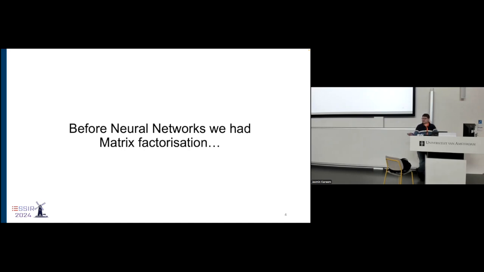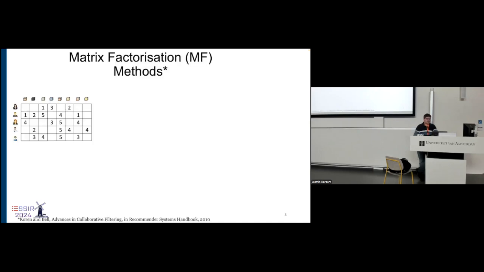We already discussed matrix factorization in previous lectures, but just for a recap: matrix factorization assumes that there is a matrix, and in this matrix we have users, for example, in rows, and items that our system has in the catalog in the columns.